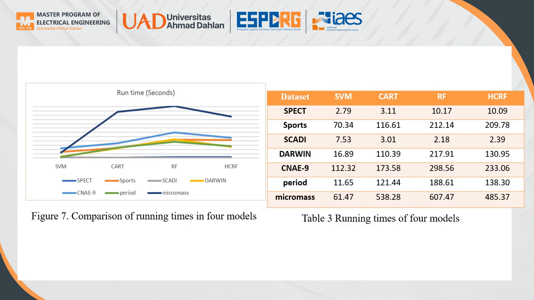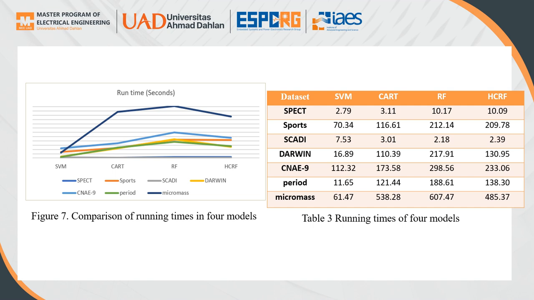Table 3 shows the running time of the 4 models on the 7 datasets. Figure 7 shows the trend of the models' running time. It is easy to see that the running time of the HCRF is less than that of the RF. Also, the running time of HCRF is slightly longer than that of CART.